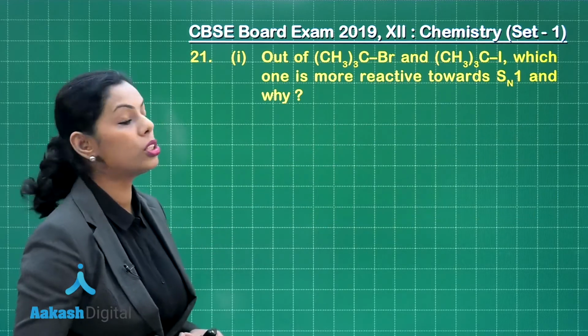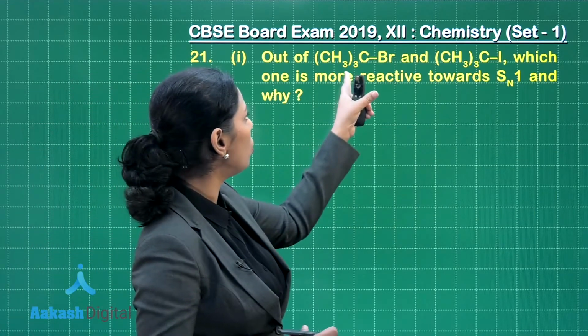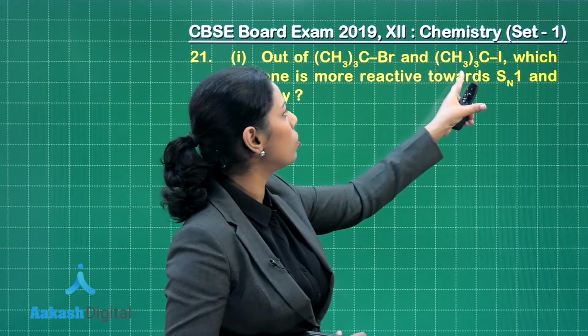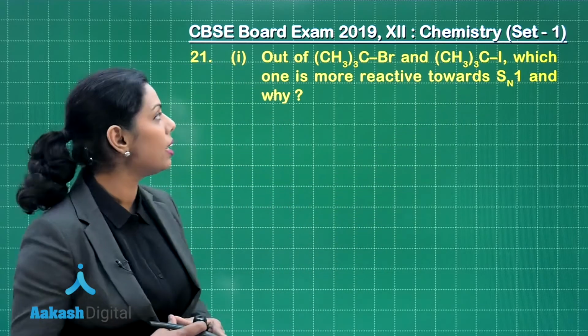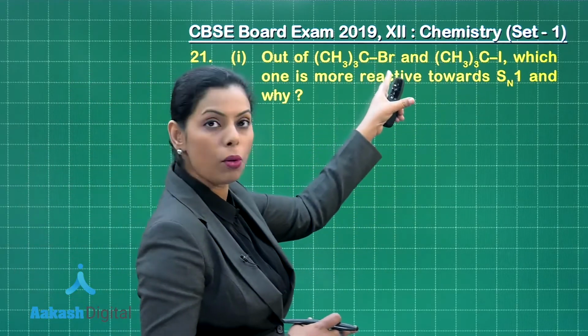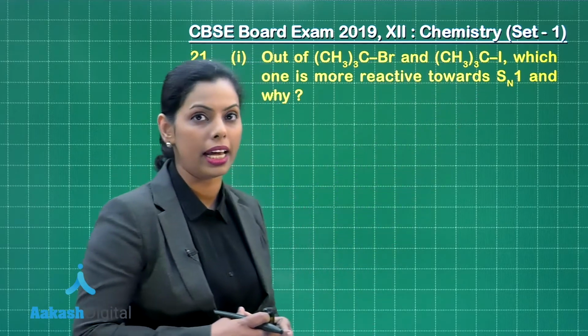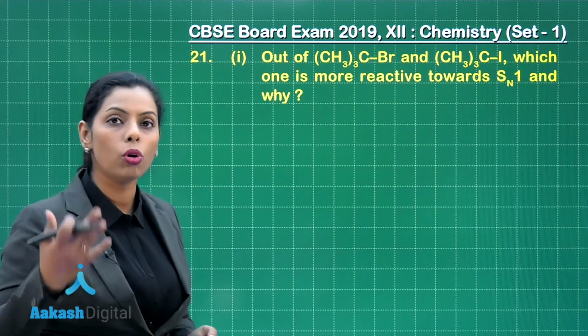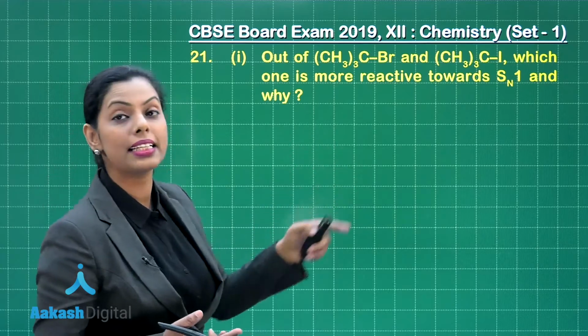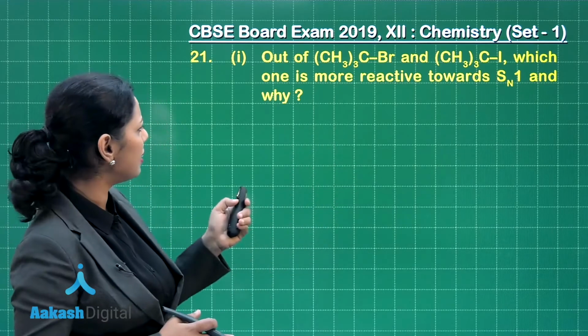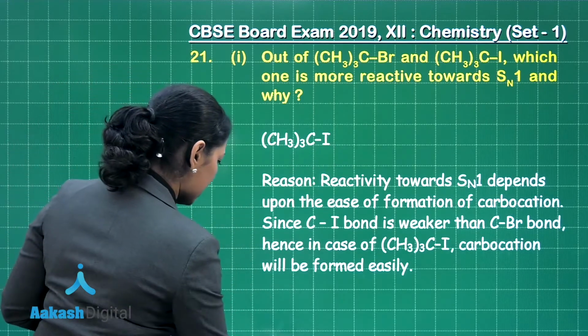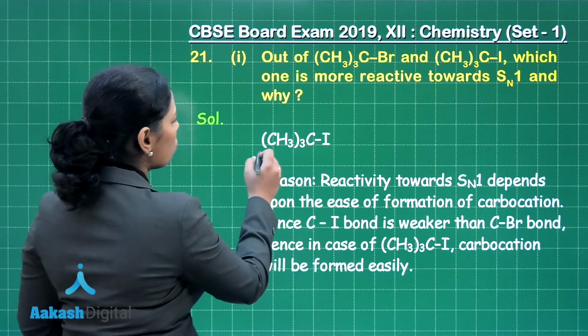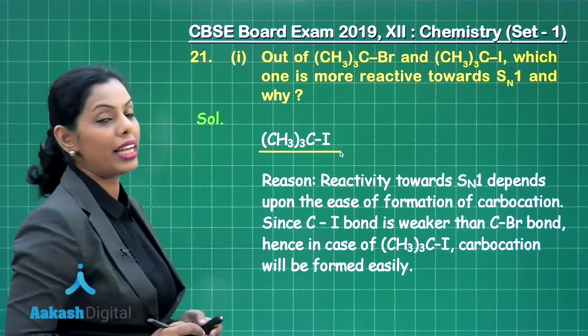So if I talk about these 2 compounds, one is (CH3)3CBr and (CH3)3CI. In this case, there is carbon bromine bond and carbon iodine bond is there, and you need to just identify more reactive compound towards SN1 reaction. You can simply answer this question by writing that the compound which is more reactive is (CH3)3CI.